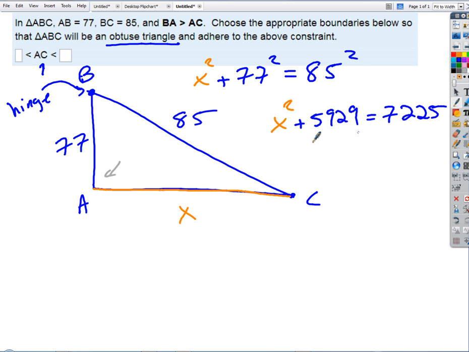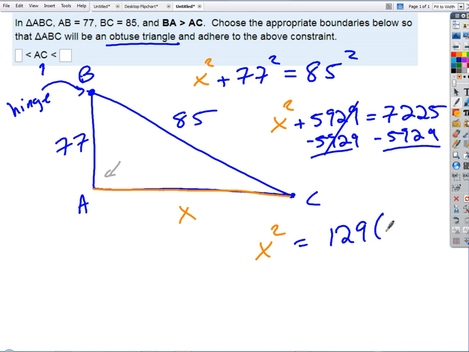Okay, good. Subtract 5929 from both sides. And that's going to give me x squared equals, well, let's see, 1296. Now what?